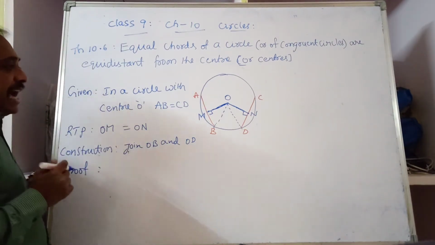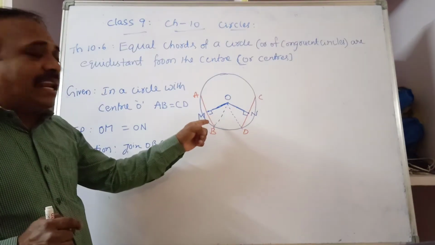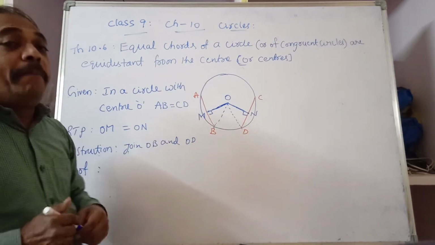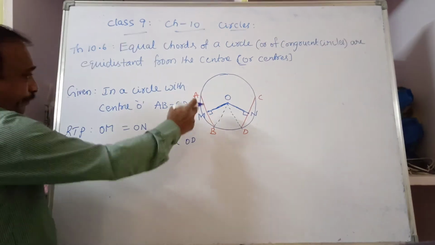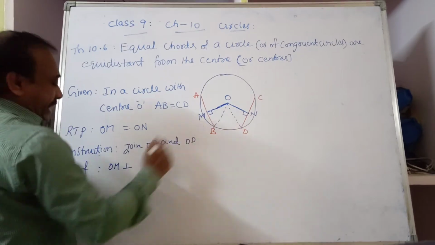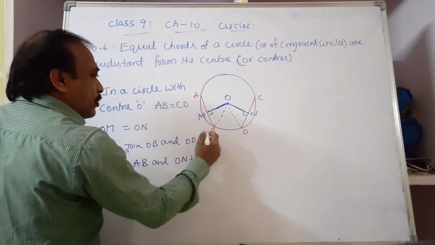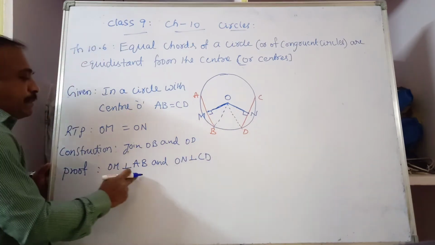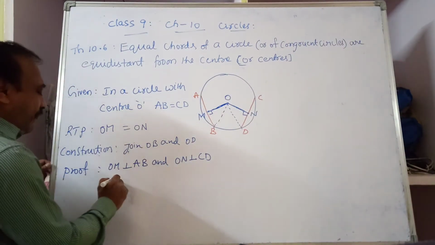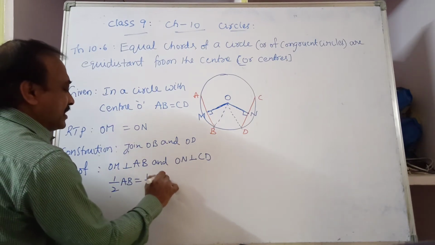Now you see, as we know, theorem 10.3 says: a perpendicular line from the center to the chord bisects the chord. So here, OM is perpendicular to AB and ON is perpendicular to CD. So half of AB is equal to half of CD.